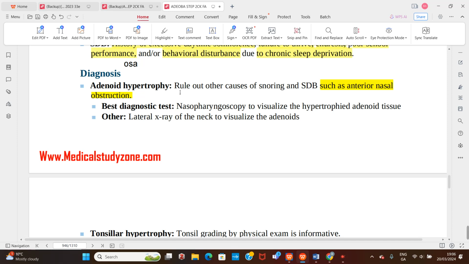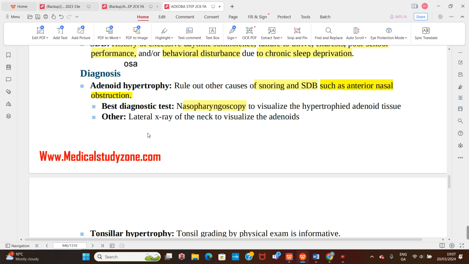So adenoid hypertrophy, you want to rule out other causes of snoring, like maybe anterior nasal obstruction, maybe from a displaced septum or something. So just rule out other causes. But the best diagnostic test to do to make diagnosis of adenoid hypertrophy is to do a nasopharyngoscopy. So you put a scope to the back of your pharynx, to look at the adenoid tissue, if it's big or not.